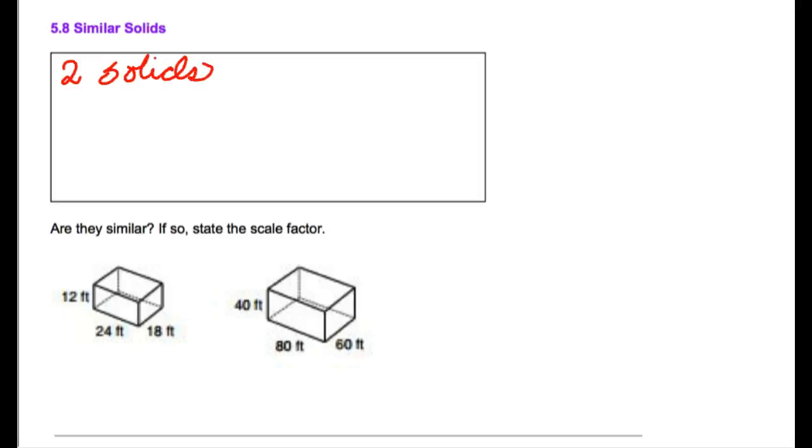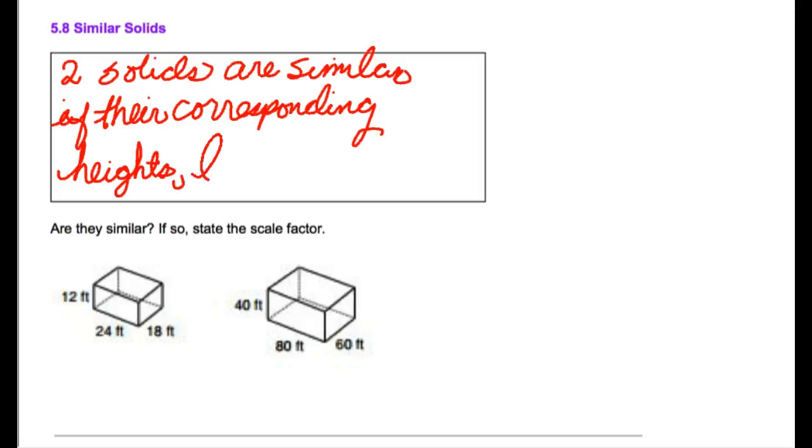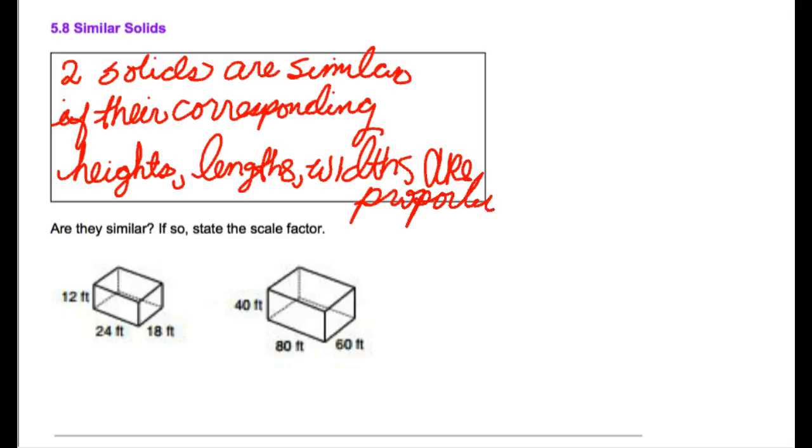So this is going to seem really familiar because we did similar 2-dimensional figures, and similar 3-dimensional figures are basically the same thing. 2 solids are similar if their corresponding heights, lengths, and widths are in proportion or proportional. And remember, for proportion, we set up 2 equal ratios.